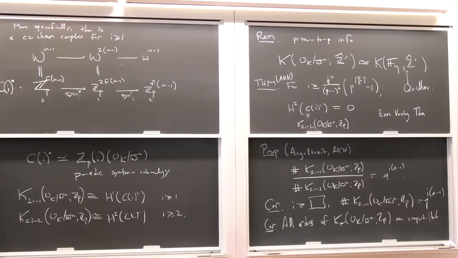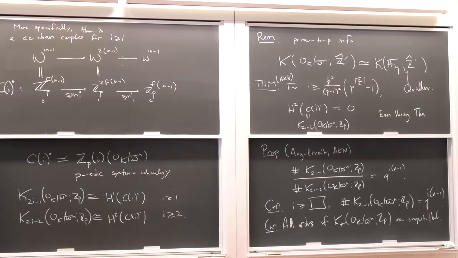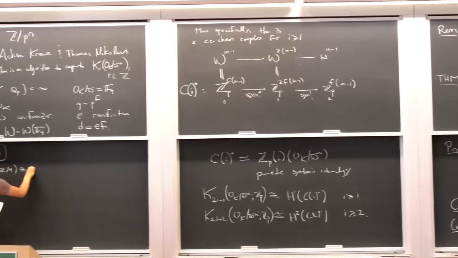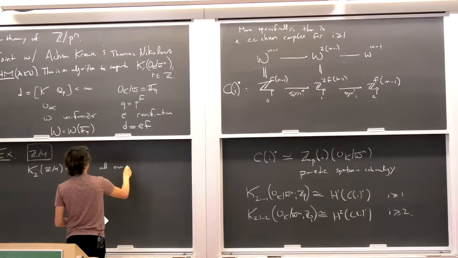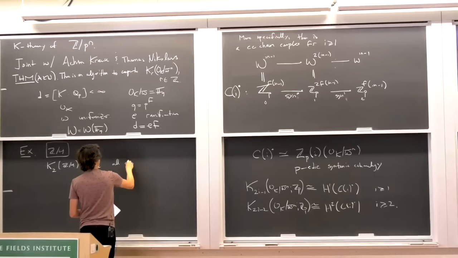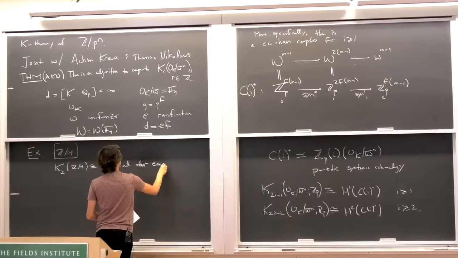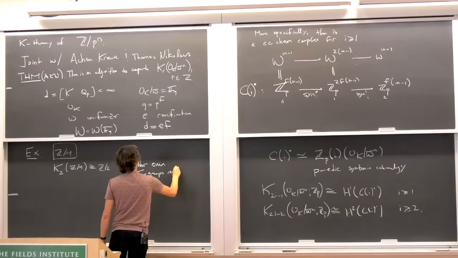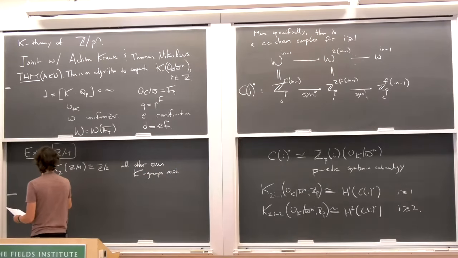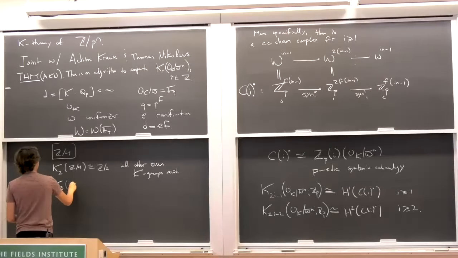It has a single non-vanishing even K group, K2, and all other even K groups vanish. And so that tells you the orders of all of the groups.